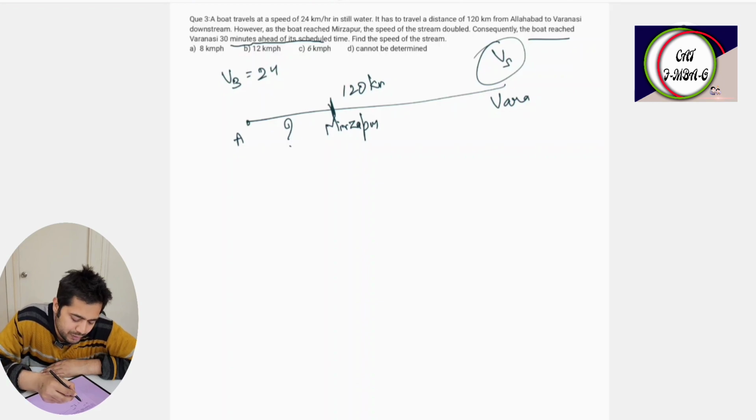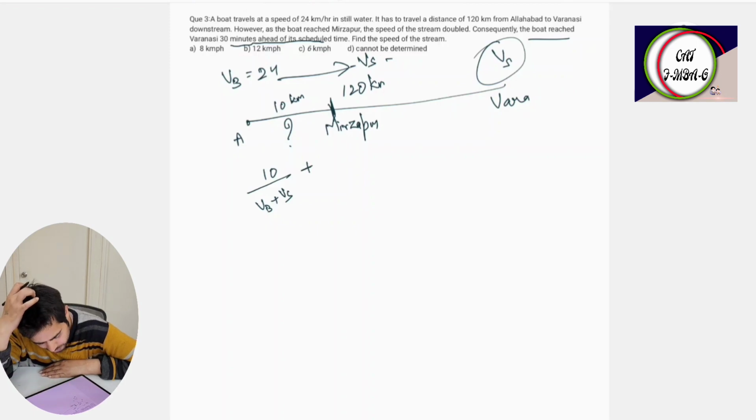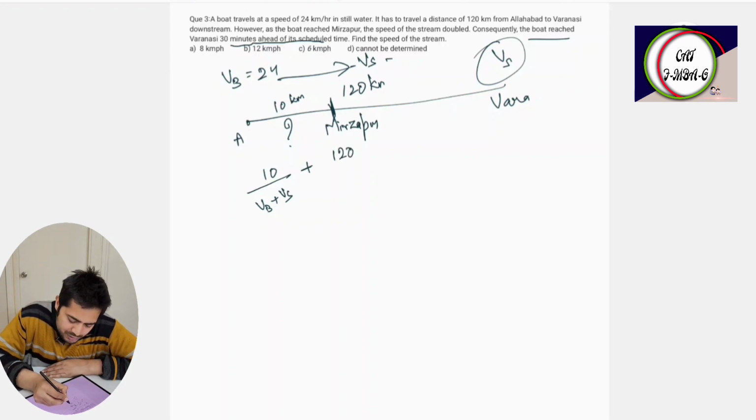Let us say it is given as 10 kilometers, and it was given that Allahabad to Varanasi is downstream, so VS is in this direction. So what we would have done is, for 10 kilometers the time taken would be 10 divided by VB plus VS, and for the remaining distance the time taken would be 120 minus 10 divided by VB plus 2VS, since the speed of the stream doubled.